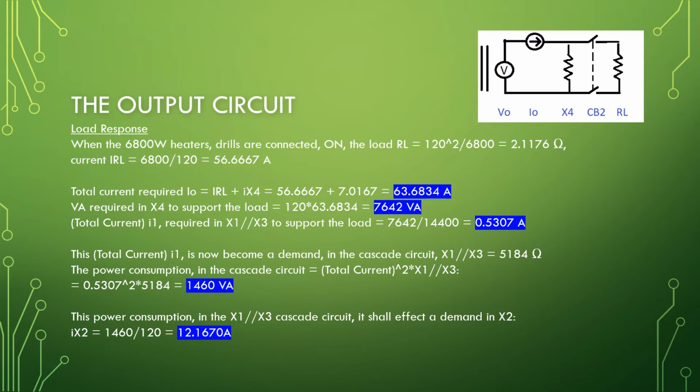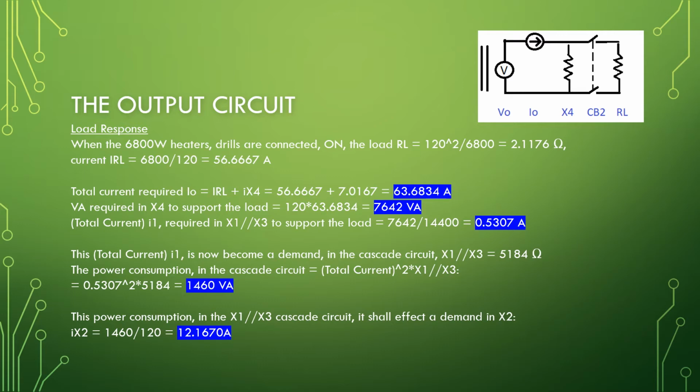The power consumption in the cascade circuit is the total current square times X1 parallel X3 equal to 0.5307 square times 5,184 equal to 1,460 VA. This power consumption in the X1 parallel X3 cascade circuit shall effect a demand in X2.